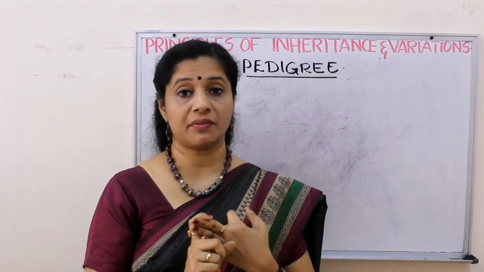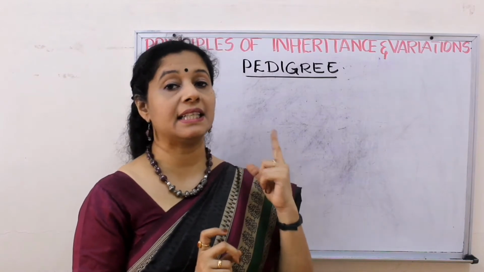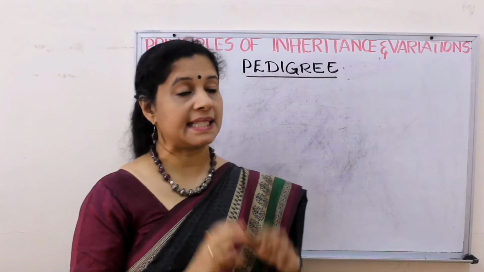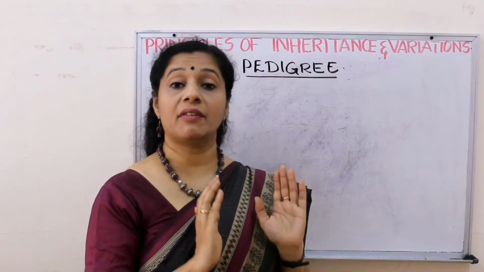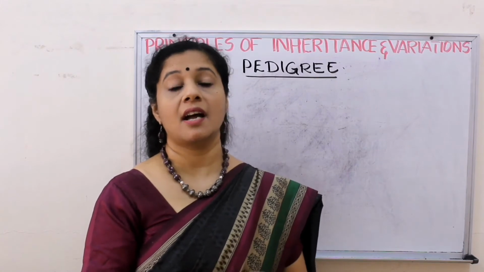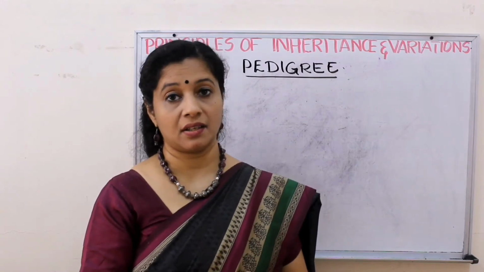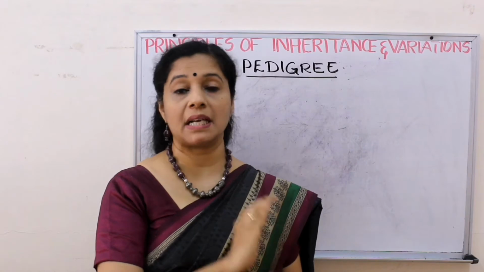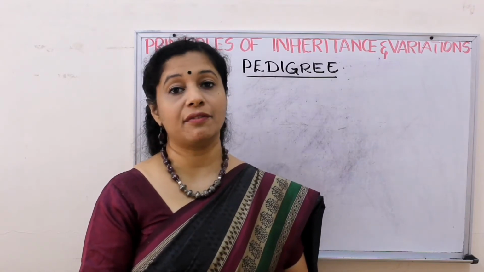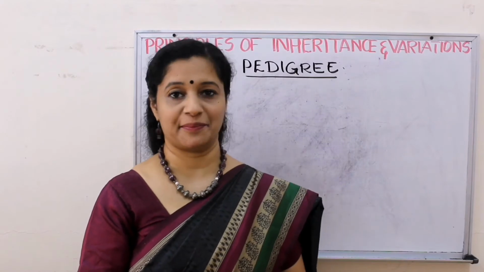And the third type of question, to identify the genotype of any one of the members. So basically we have to study the pedigree first. How many generations are there? How many individuals are affected? Only males are affected or females are affected. So if you first study the pedigree, you will get a few clues for solving the pedigree.